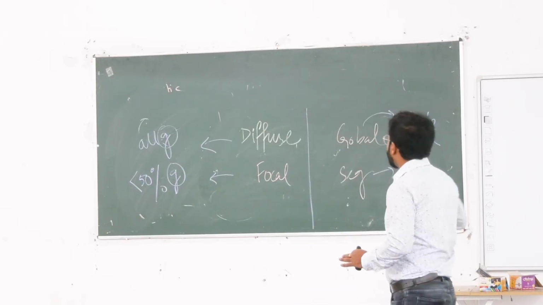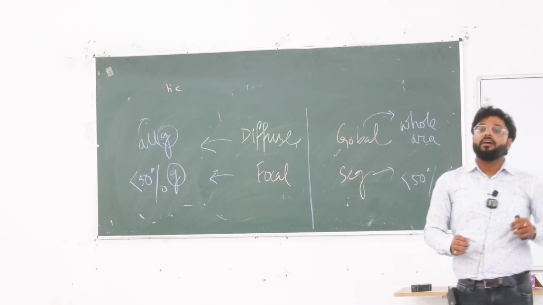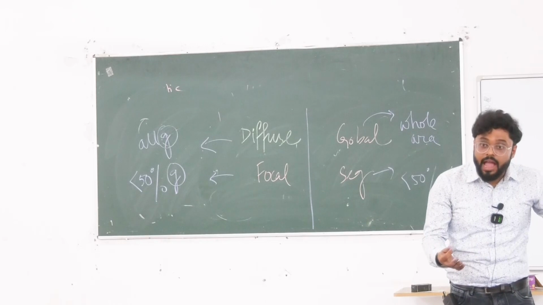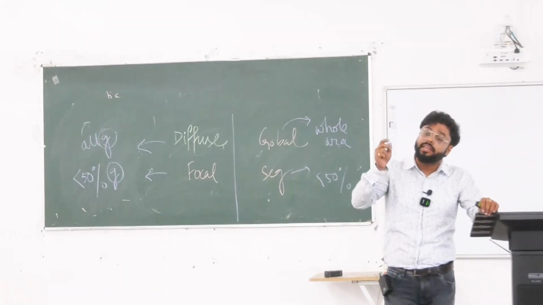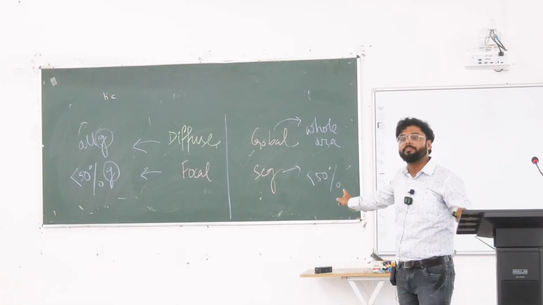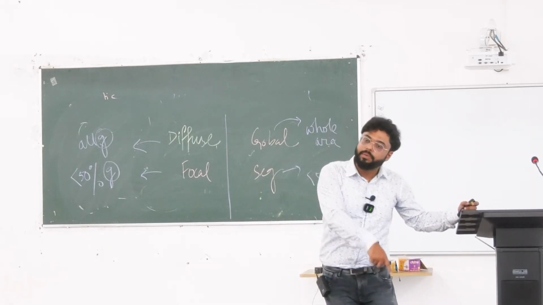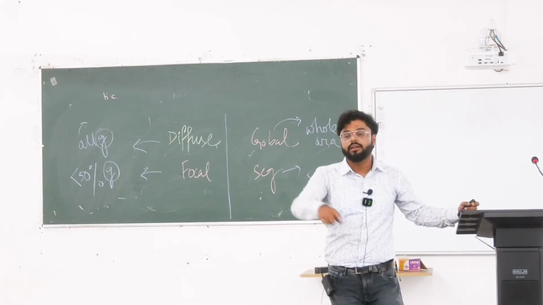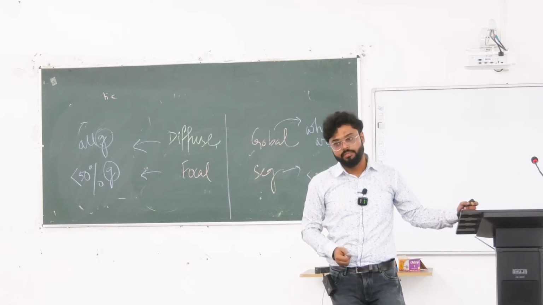So tell me, what does focal segmental mean? Less than 50% of all glomeruli involved and less than 50% of a particular glomerulus area involved in this disease, known as segmental. So focal segmental glomerulonephritis is less than 50% involvement and less than 50% area of a particular glomerulus involvement.